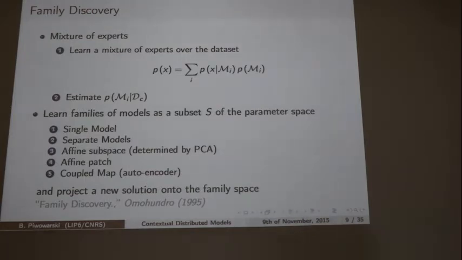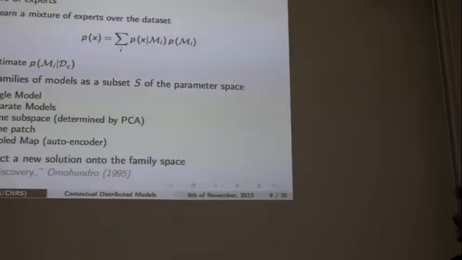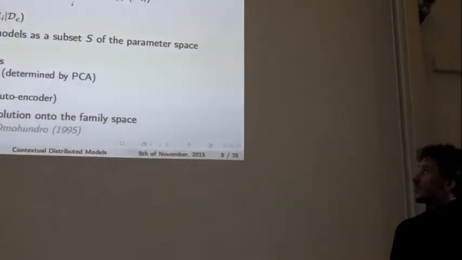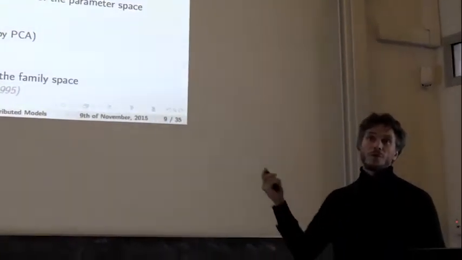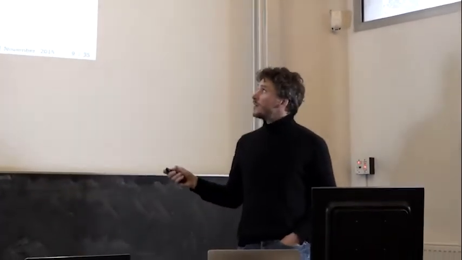An instance of this kind of technique, which is based on mixtures, is the work of Omondro in 1995, where basically what he proposed was to learn subspaces of the parameter space. He started with a very simple model, which is just the parameters you've learned by maximum likelihood, and whatever the parameters, you project back to those parameters.